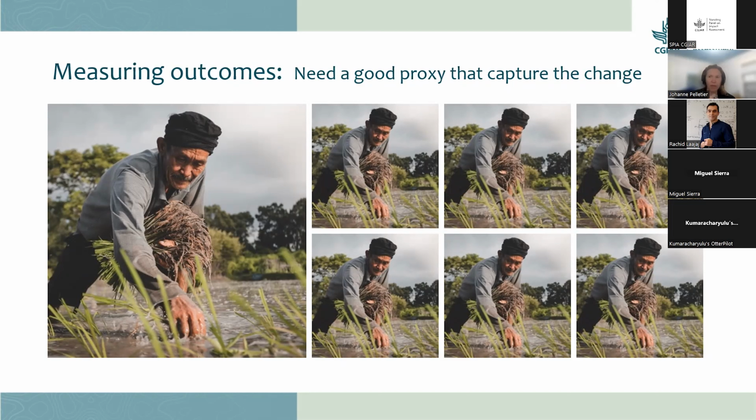But you need to make sure that there's this strong correlation with the outcome, and that the proxy you're using is sensitive to change. It's important that it's based on a very good, well-validated relationship between the outcome and the imagery that you're using.